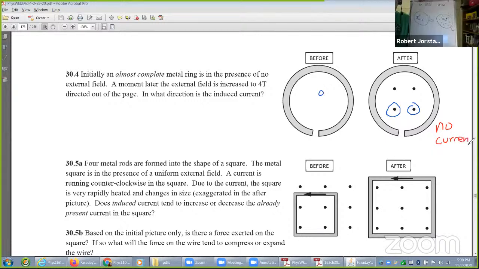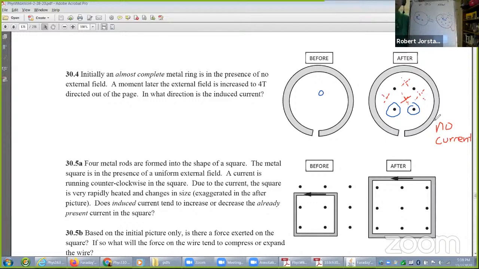However, let's use that knowledge. Do you agree we would try to create X's? Is everybody okay that it would want to try to create X's? Now it's not able to do that because it's not a complete circuit.